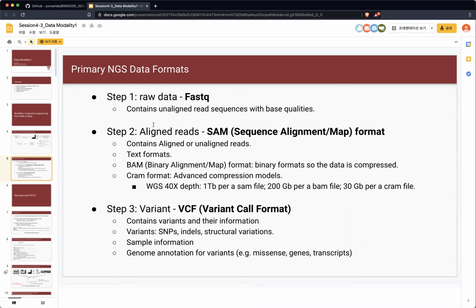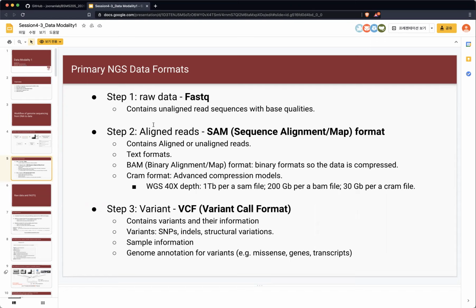But if you failed to align, then we call them unaligned reads, right? And this is a text format. Text format means that if you open this file with a certain program, then you can read it, right? Literally the information is stored as text.